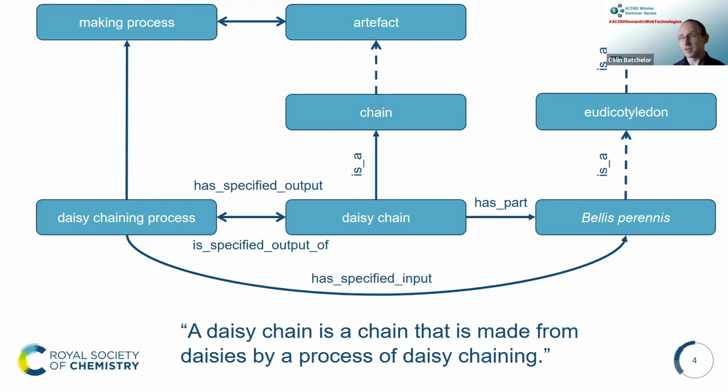In fact, we can go further. For reasoning purposes, we can say that all daisy chains have as a part some daisy. It's not true, however, in reverse. This is a mistake that you sometimes see in ontologies, where they use a relation that goes in the opposite direction.